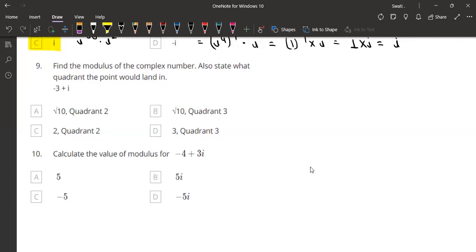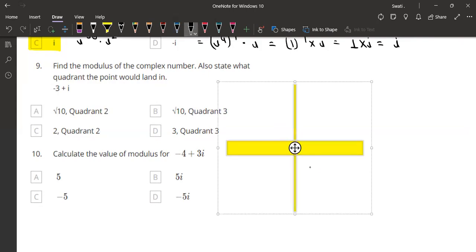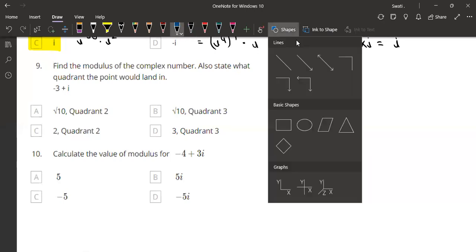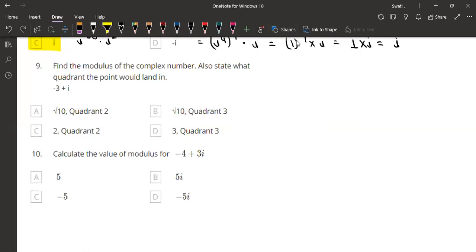Okay, let me change the color here and redraw this. Yes, now this is perfect.